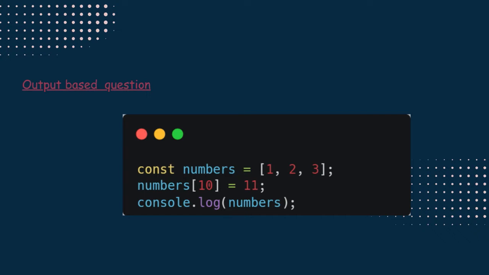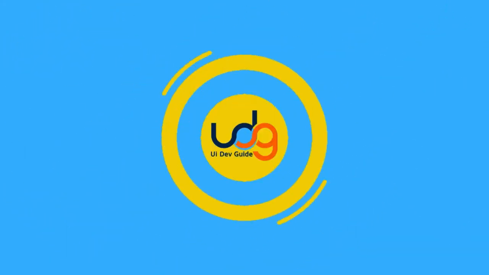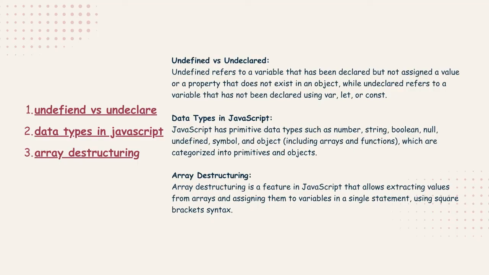Now tell me, what is undefined and undeclared? Undefined, as you said before, is a variable that has not been assigned any value. If we want to access it, that is called undefined.